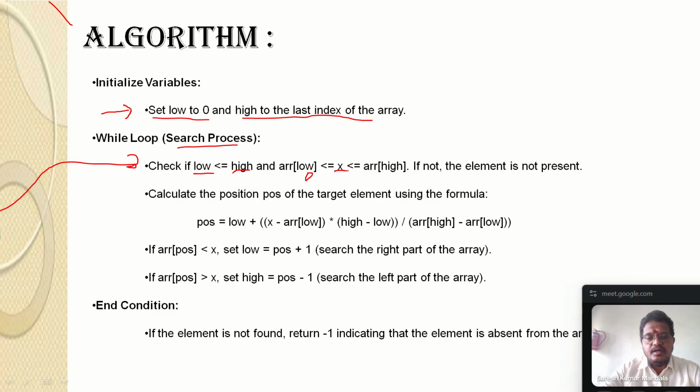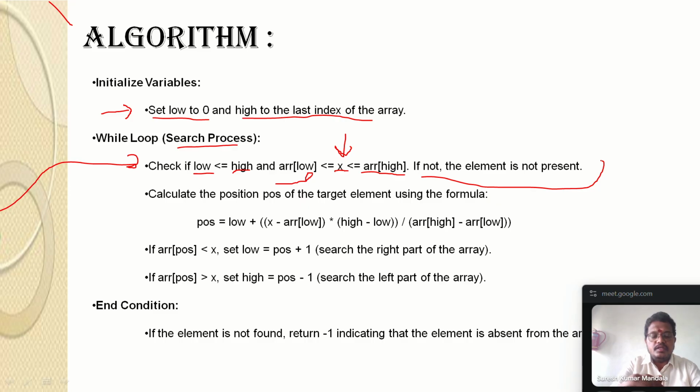X indicates the target value, and this target value must be between array of low and array of high. If it is present, then only we go for the search. If not, the element is not present.